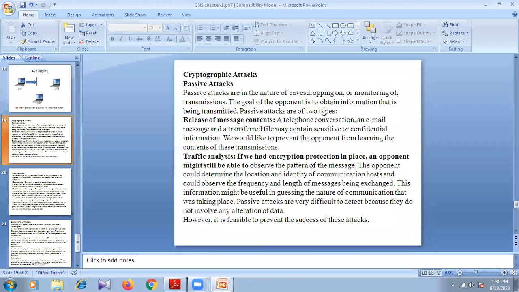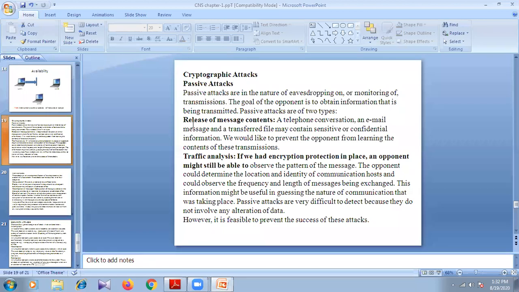Generally listening to voices, or second, reading the messages. Only this type of attack can be called a passive attack. Passive attacks are divided into two types. One is the release of message contents and the second one is traffic analysis.